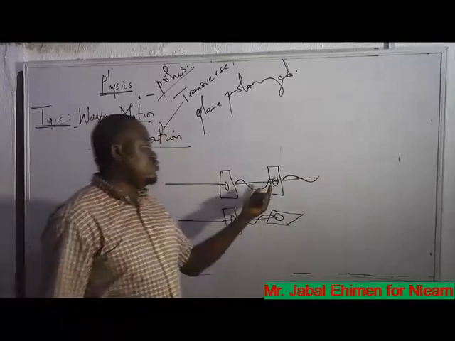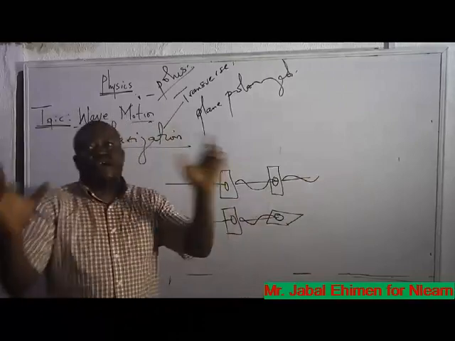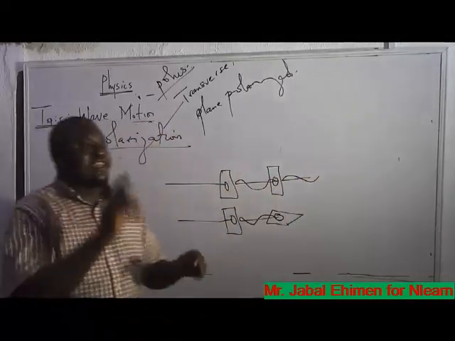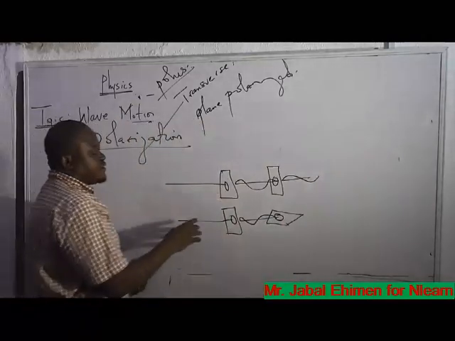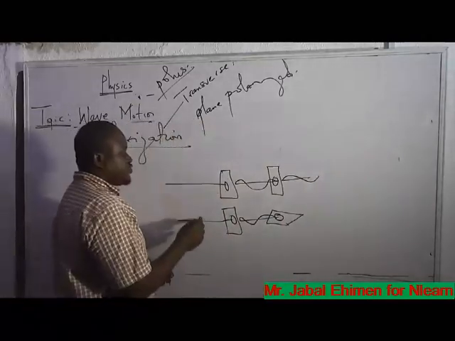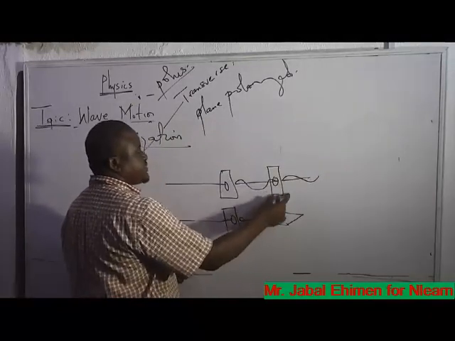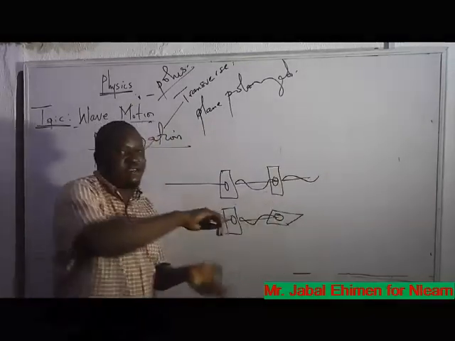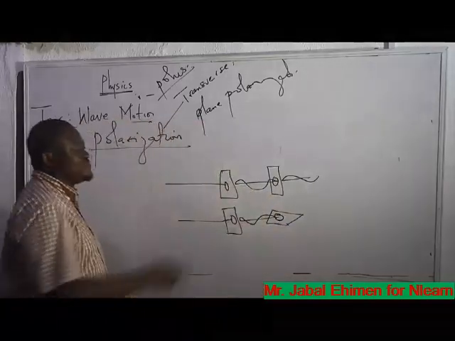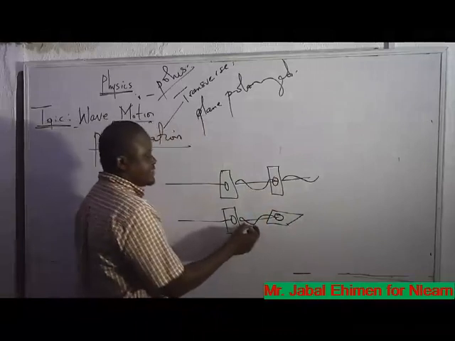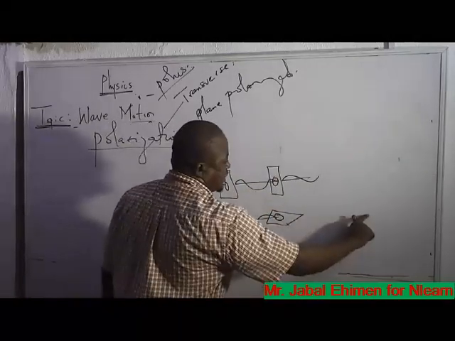When the holes were standing in the same direction, you can see they are equal, and as the light is coming, it passes through the pinhole straight down. But this time, when the light ray is coming, this pinhole is no longer standing the way it was. It is now slanted, inverted. So the direction has changed. So immediately it changes, the light will not come out of here again.